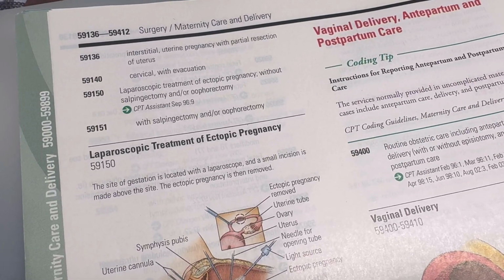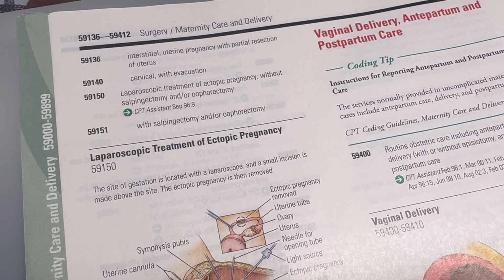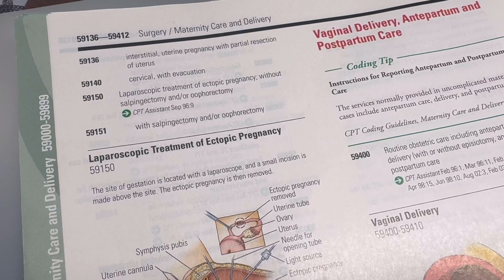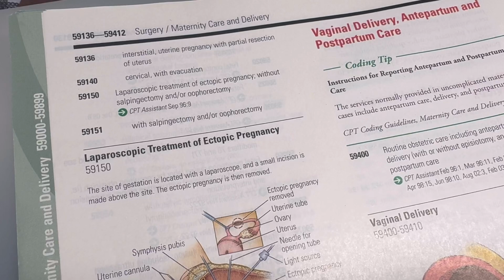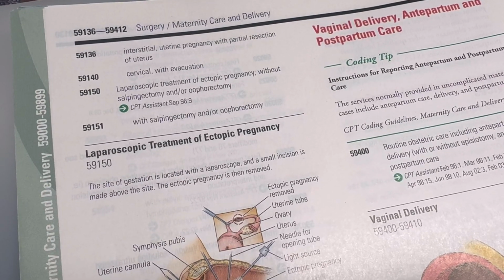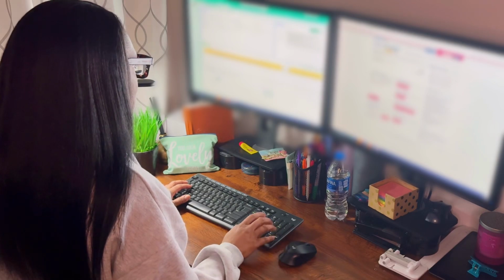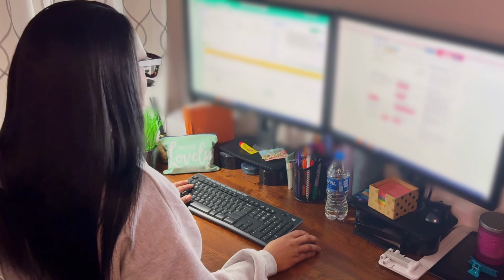You don't want to use the 59550 because that would not include them removing the tube. So I went with the 59151, and then my ICD-10 code or diagnosis code is the 000101 for the right fallopian tube.